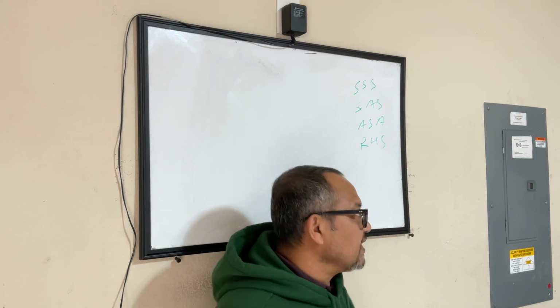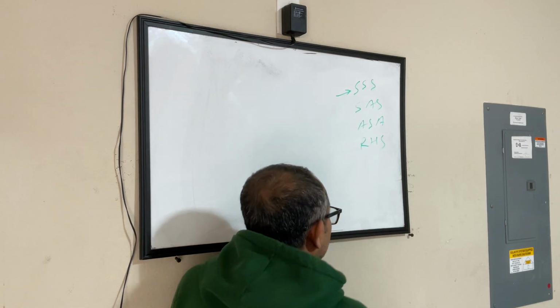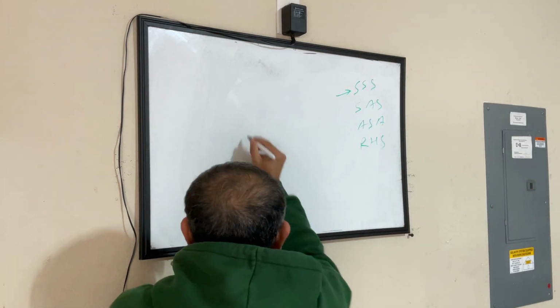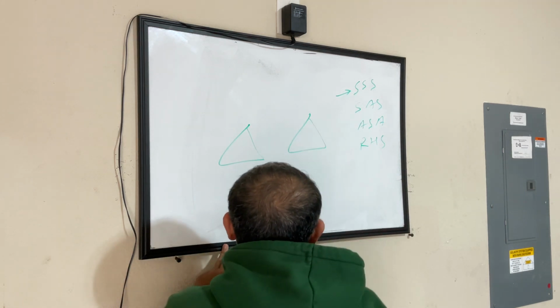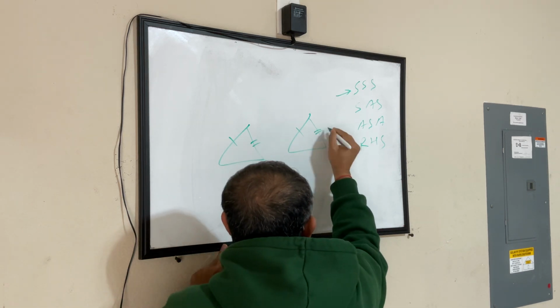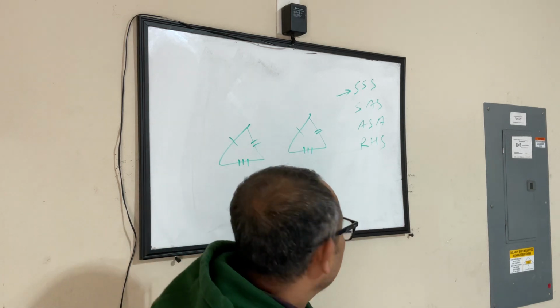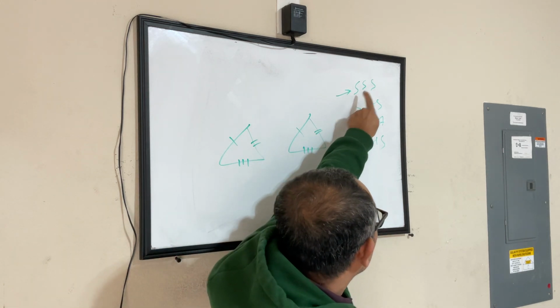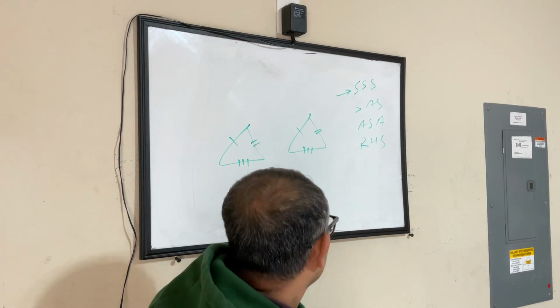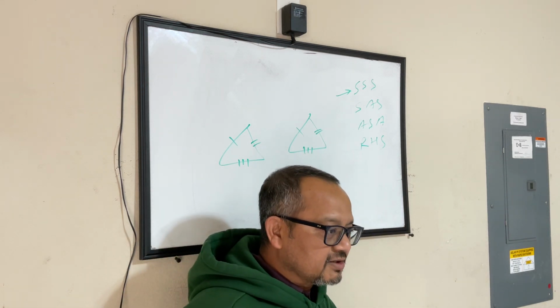This says that if you have 2 triangles where the 3 sides are matching, meaning this side and this side are matching, this side and this side are matching, this side and this side are matching, then this applies: side, side, side. Meaning if the 2 triangles have 3 sides matching, then they are congruent.